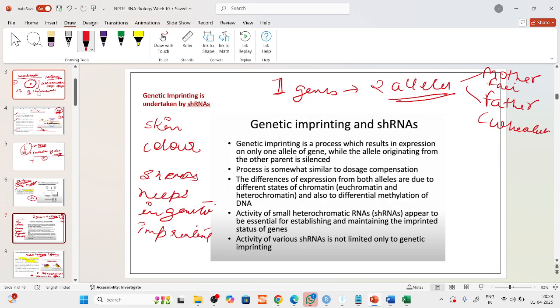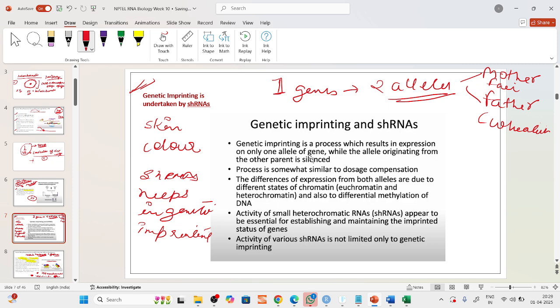Then we talked about genetic imprinting and the role of shRNA. So basically genetic imprinting is undertaken by shRNA. Okay. So what is genetic imprinting? First of all, genetic imprinting is a process which results in expression of only one allele of a gene, while the other allele originating from the other parent is silenced.